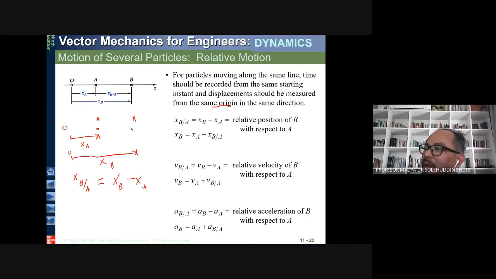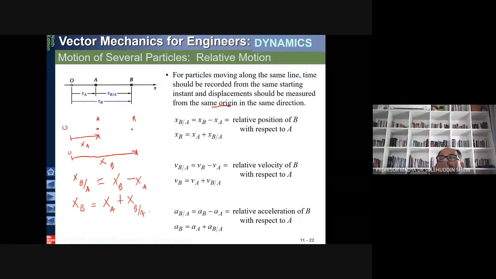Therefore, if we bring xA to the right-hand side, it's going to be xB equal to xA plus xB/A. This is the fundamental of how we write the relative motion for several particles.